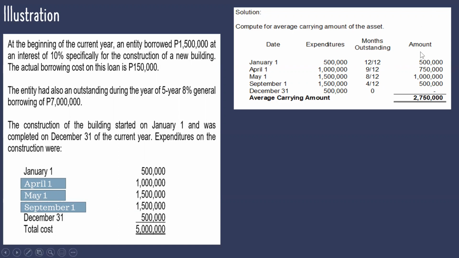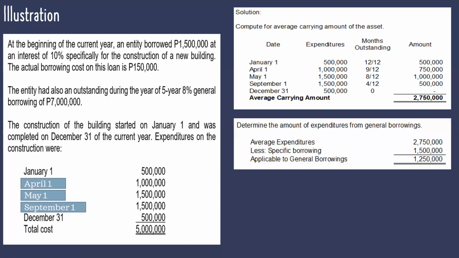So these are now the amounts applicable for each expenditure. And if you're going to add all of this, it will tally to 2,750,000. So in short, the average carrying amount of the asset is 2,750,000. So after that, the next thing that you have to do is compute for the amount of expenditures which are considered from the general borrowing.